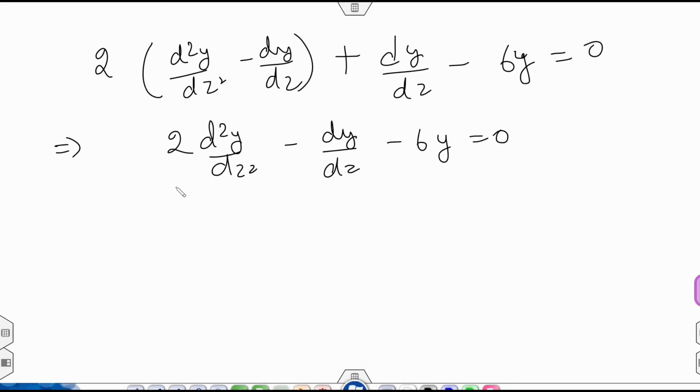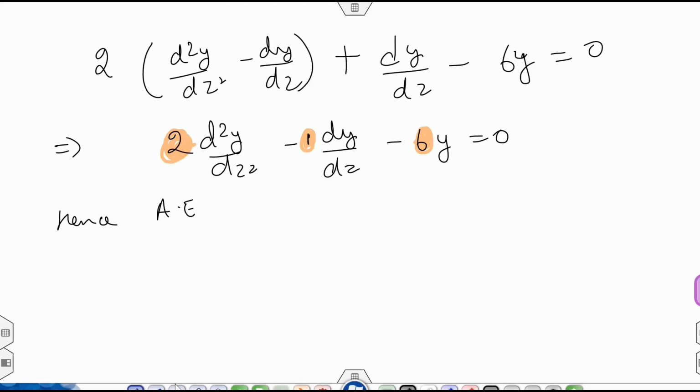Now you can easily solve this because it has been converted into a homogeneous differential equation with constant coefficients. You can see here we have only constant coefficients, so they are easy to solve.